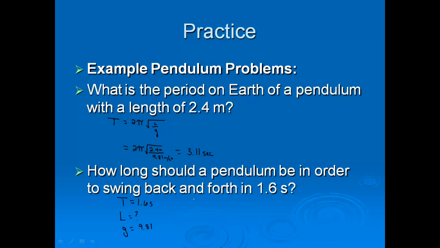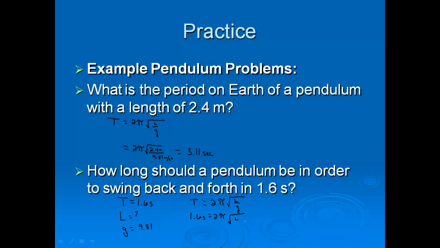So I'm going to go ahead and plug the information into the formula. It's right above, but I'll write it again just so there's no questions. So 1.6 seconds is equal to 2 pi, the square root of L, which I don't know.